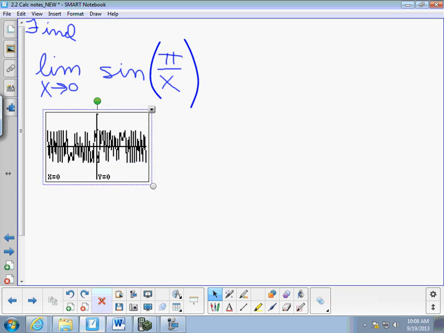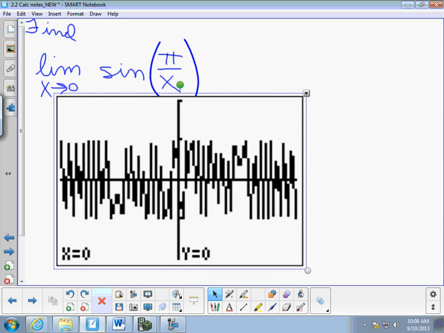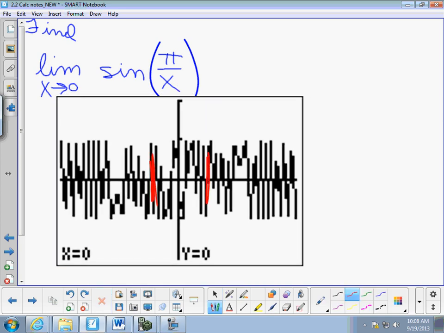Showed you who's boss. Between here and here, there's an infinite number of bumps. Between these 2 x values, there's an infinite number in there. As you get closer and closer to 0, you get more and more rotations. Can't ever get in there.